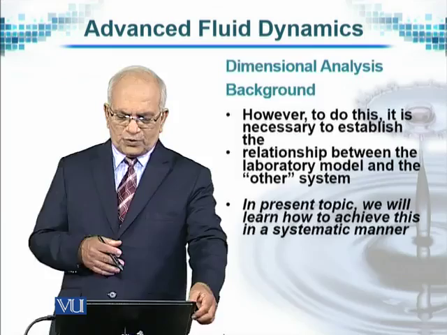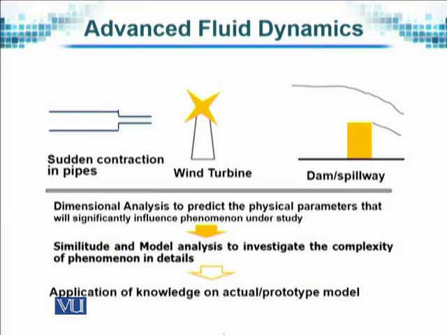takes us to success. These are examples of some of the things that we need to use in real life: the wind turbine, the dams, the spillway, the sudden pipes, and so on. You can see that there is a variation in the cross section of the pipe. So how do we do that in a manner that we can use them meaningfully, successfully, and achieve the fluid flow and desired results that we want?